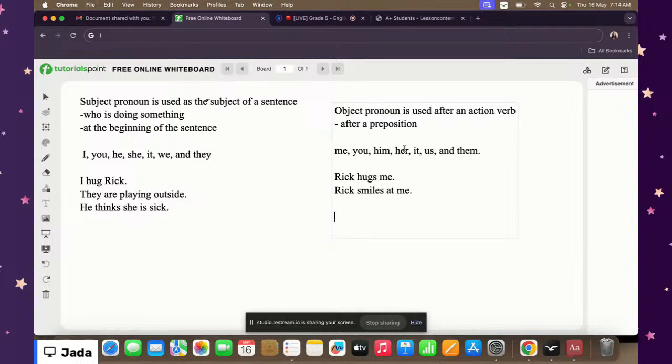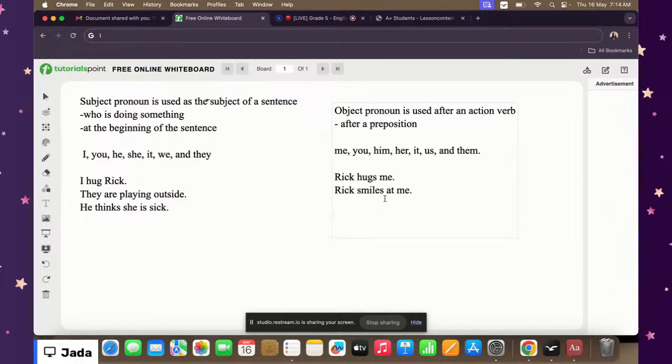She's playing with her near the park. Okay, the her there is the object pronoun. He's playing against his best friend in the game next Saturday. So we also have his.